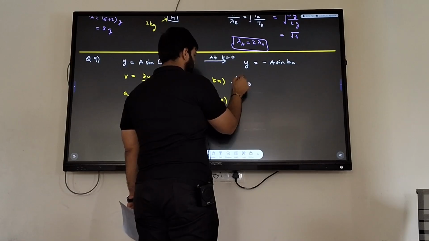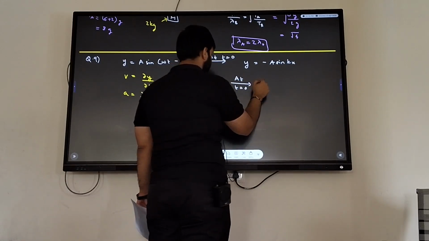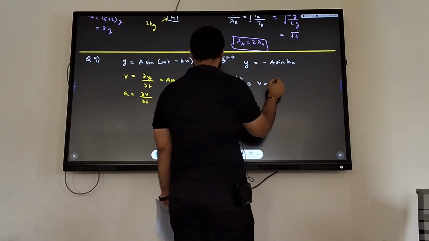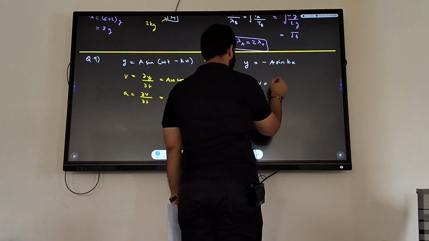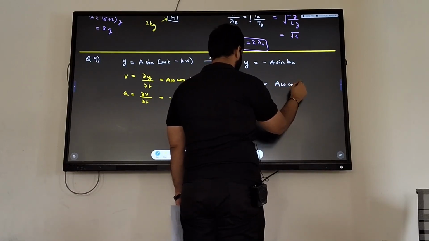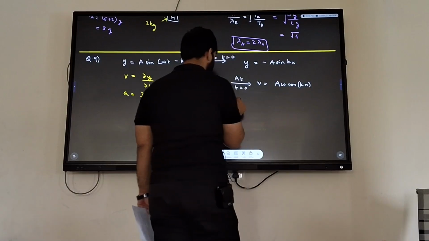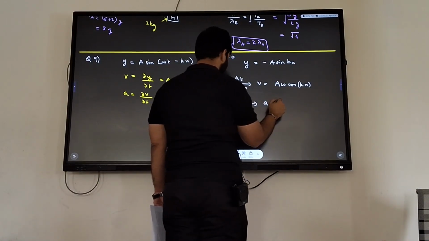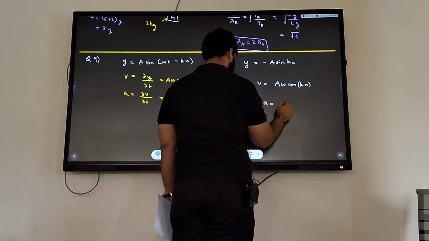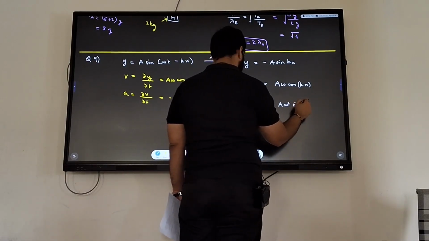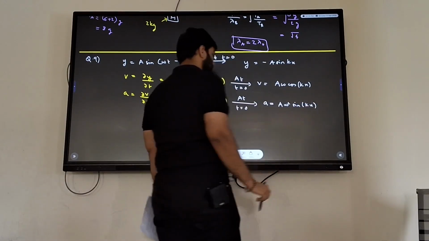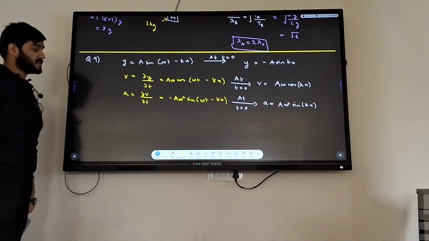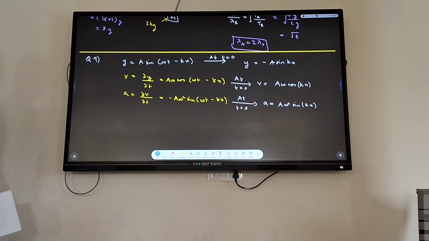Yes. At t equal to 0, v will be plus a omega cos kx. And at t equal to 0, the acceleration will be a omega square sin kx. Please check my calculations. So this is y, v, and a.